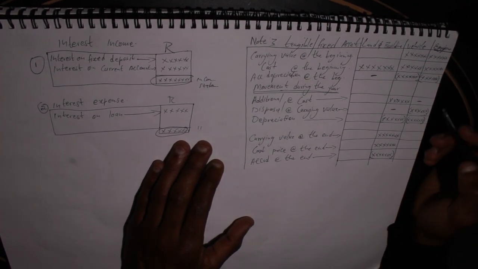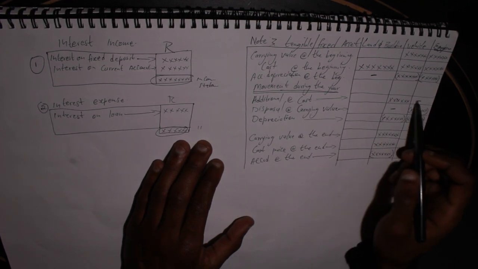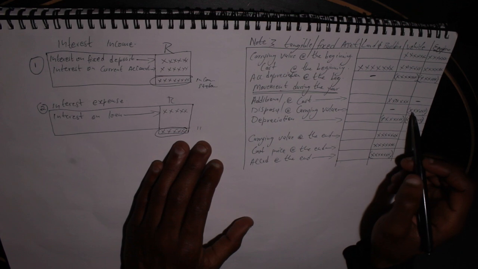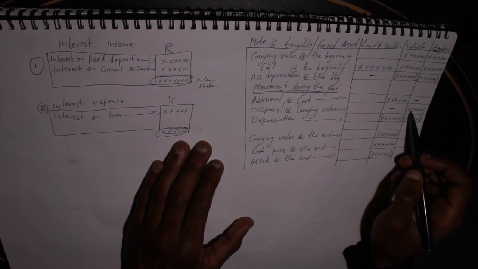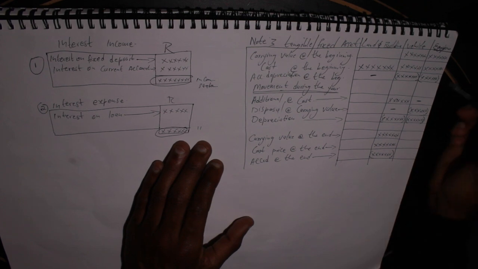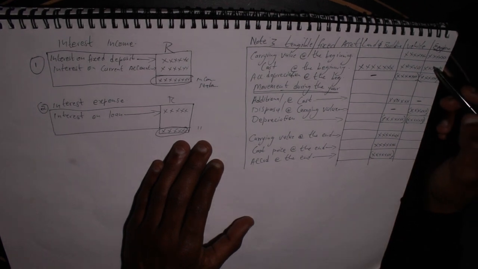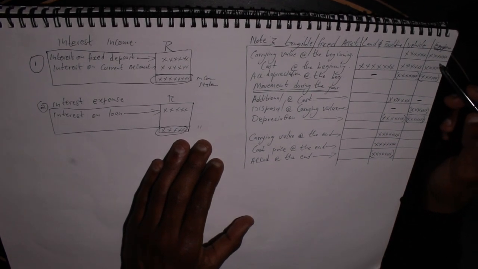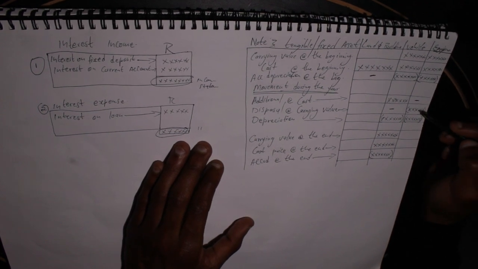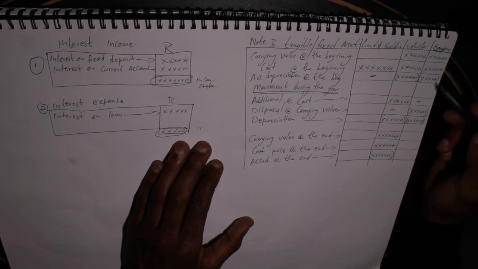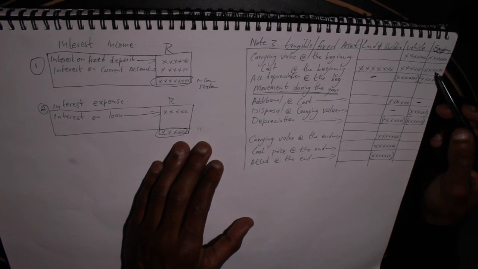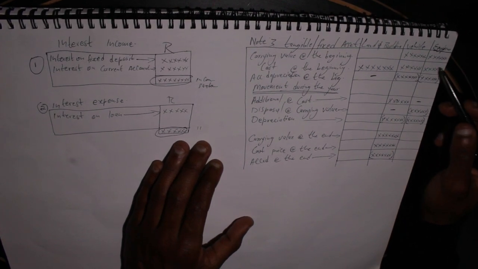Going back to equipment. Now equipment, what happened is that we did not buy any additional equipment, right? But we have sold an equipment. So for us to get the cost price at the end, we have the equipment at the beginning, then instead of adding, we sold, so we will minus the cost price of the equipment that we have sold from the total equipment at the beginning.